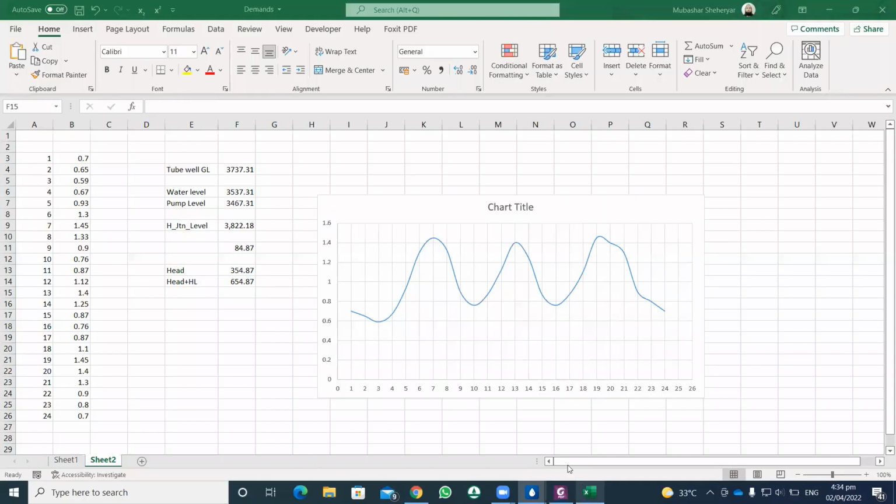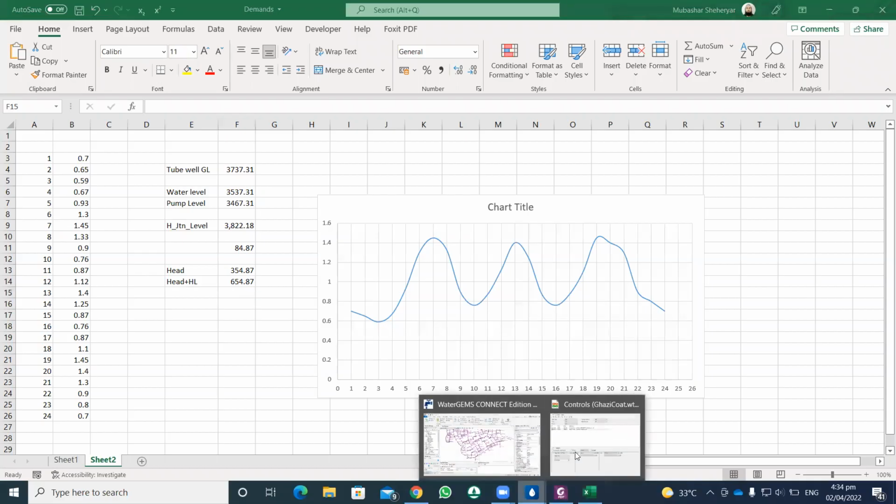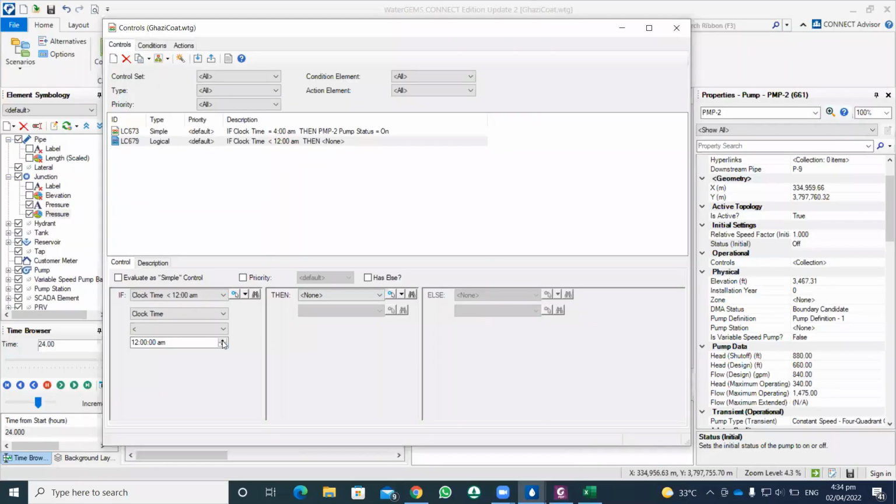If you observe here, at about 9 a.m. or 8 a.m. the demand decreases, so I will give it a value of 8 a.m., when the pump should be off.